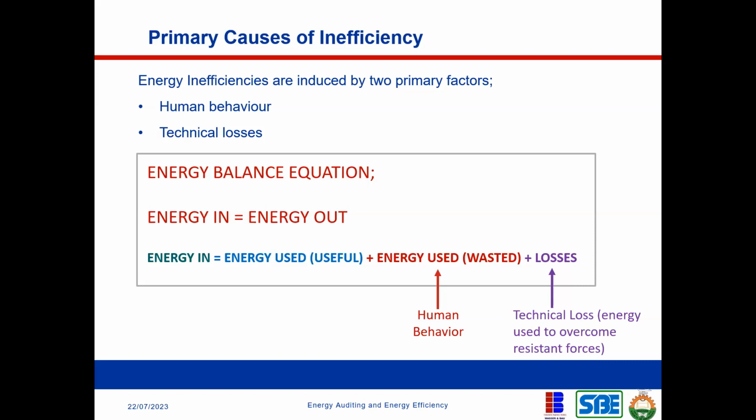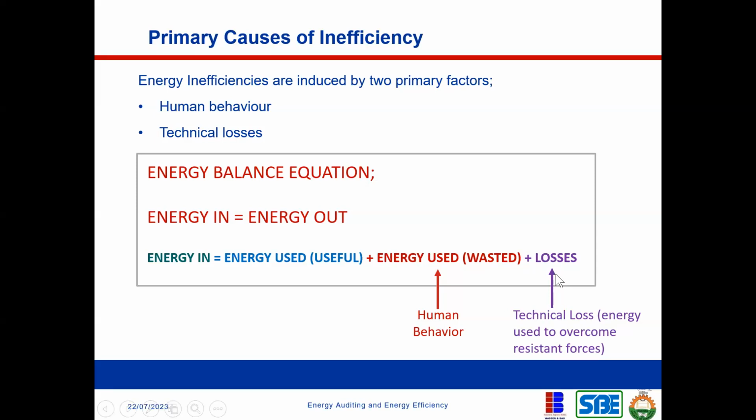So let us break that formula down a little bit. Energy that comes in is equal to the energy that is used fully in the industry plus losses. Now we'll talk about the losses. We're talking about the technical losses. These technical losses are the energy that is used to overcome resistance forces.